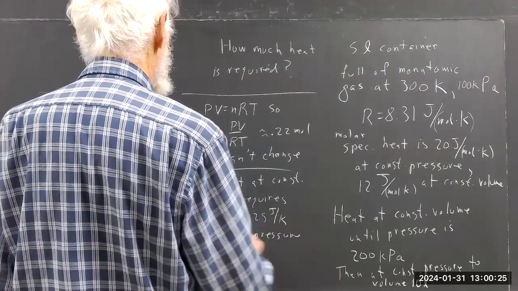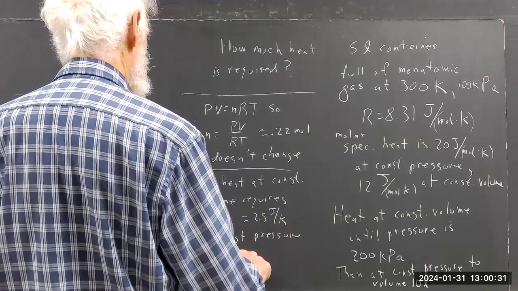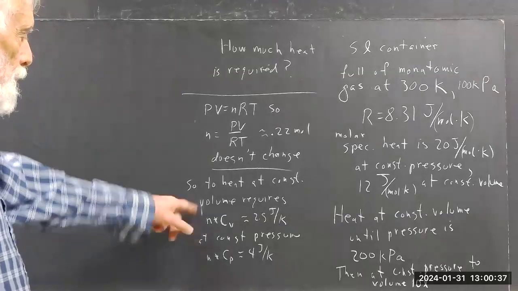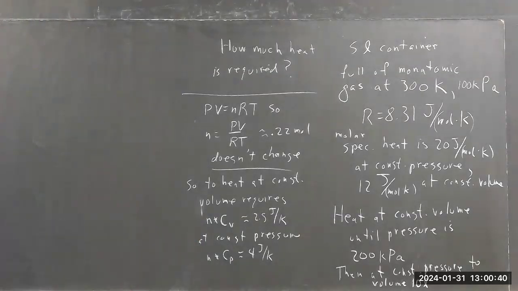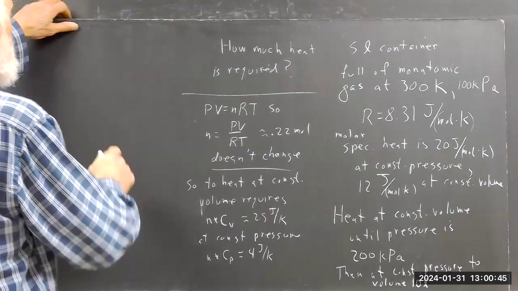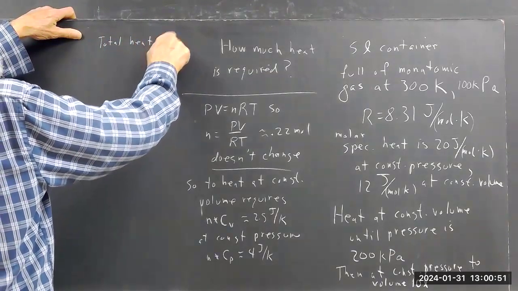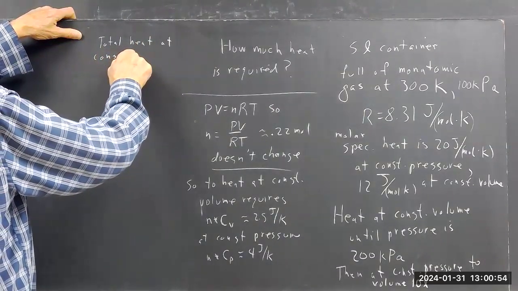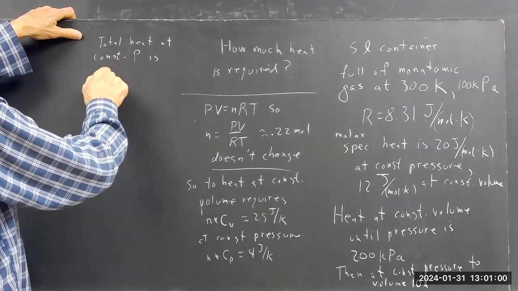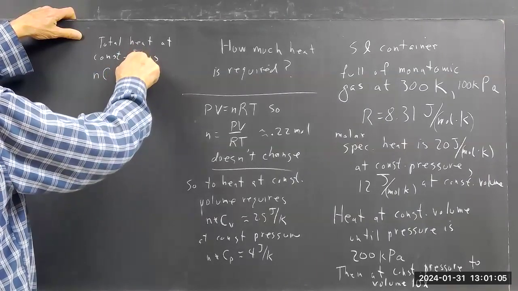Constant pressure. You don't really have to do this intermediate step if you want numbers to think about. Doesn't hurt. Times volume first.